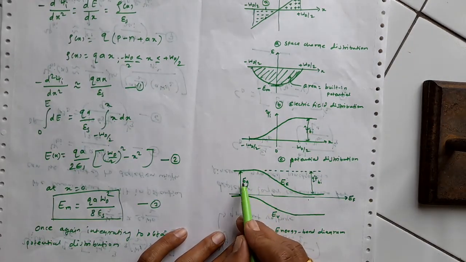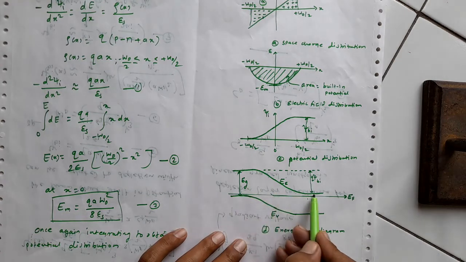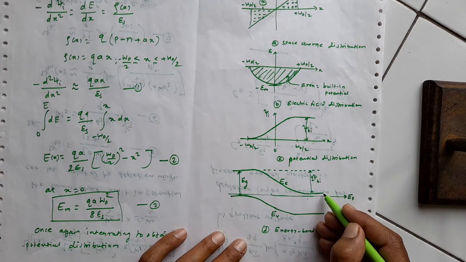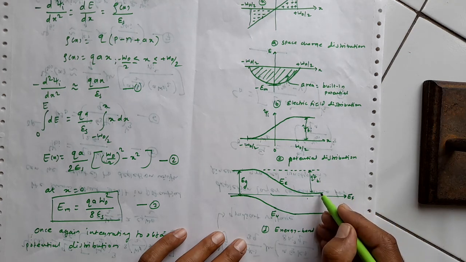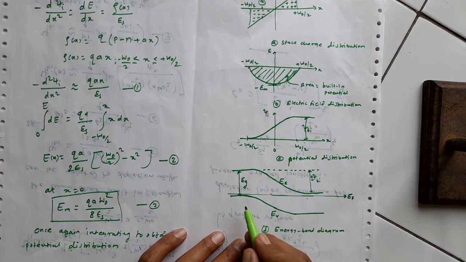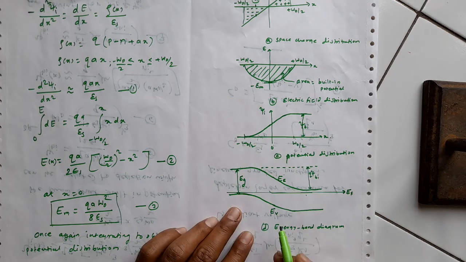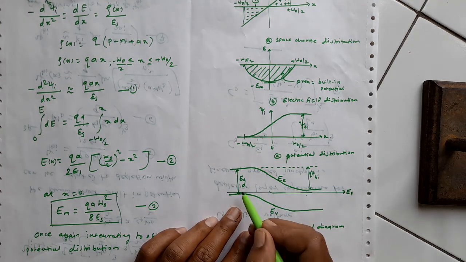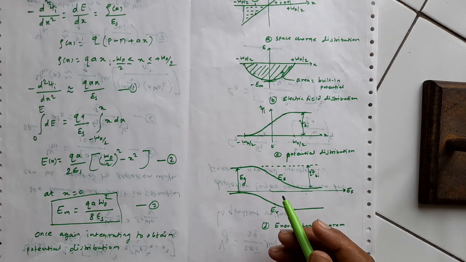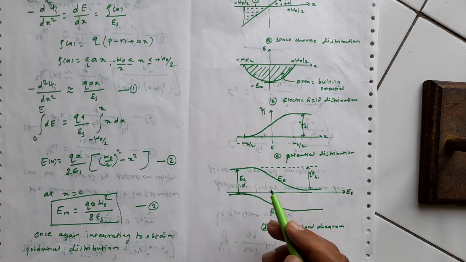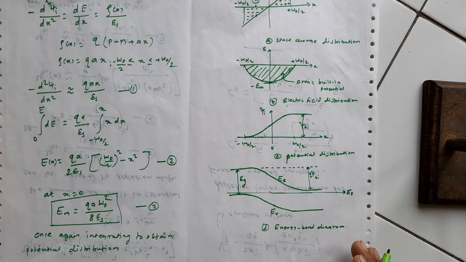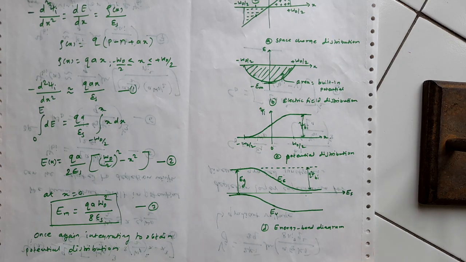The Eg is decreasing here because this is the N region, so obviously the Fermi level will lie near the conduction band, and in the P region the conduction band is far away from the Fermi level in the linearly graded junction. We stop here.